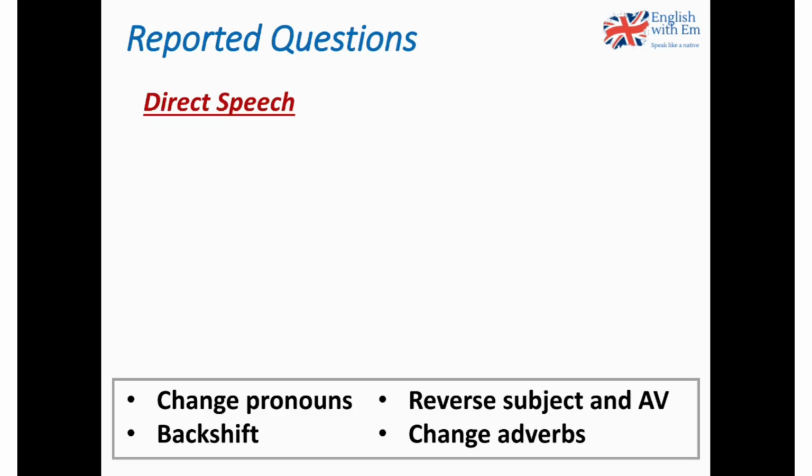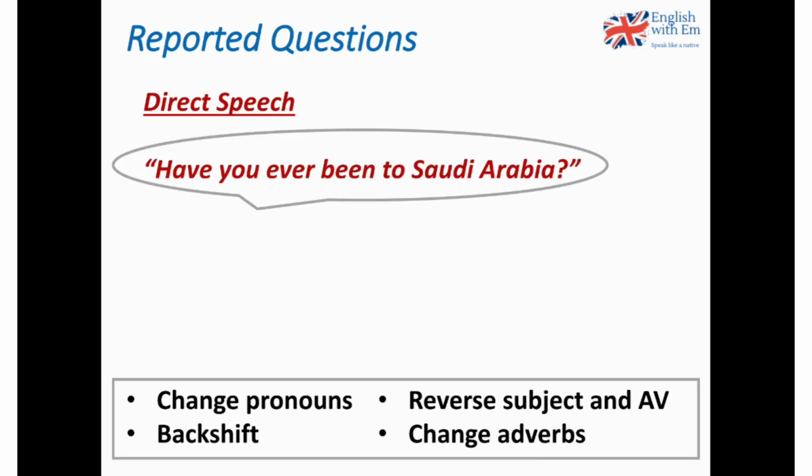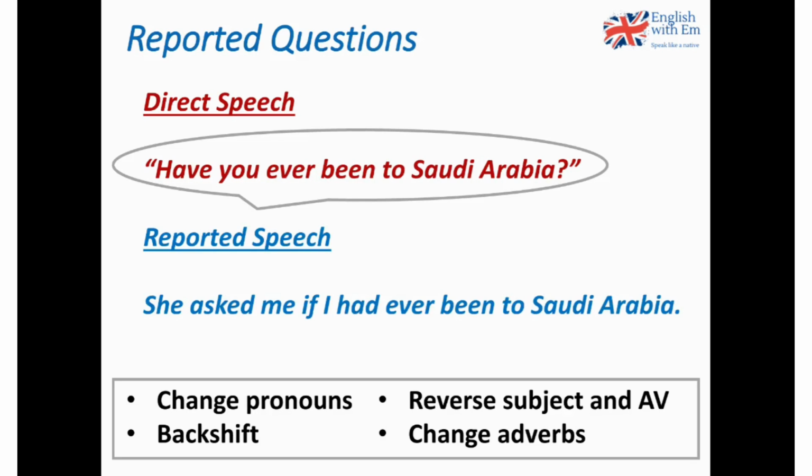Let's see an example. Have you ever been to Saudi Arabia? Reported. She asked me if I had ever been to Saudi Arabia. So it's a yes or no question. The answer would be yes, I have been to Saudi Arabia, or no, I haven't. So we use if.